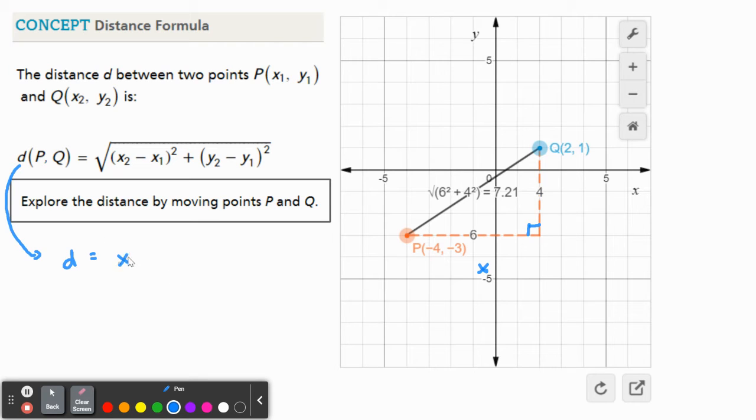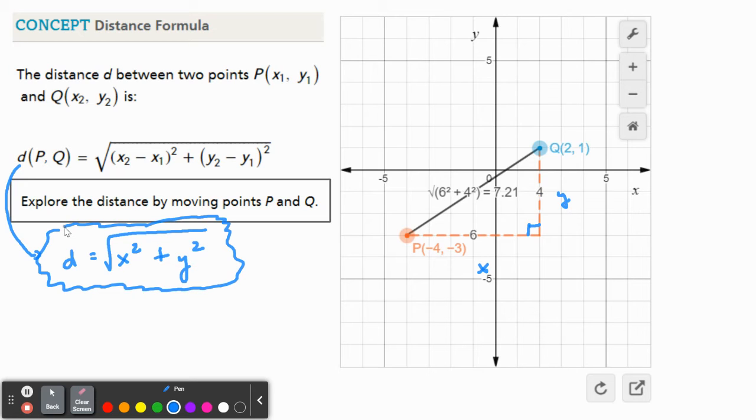Let's find the distance x and square it. And again, we're going to count that distance, so it's going to be positive. And then let's find the vertical distance here and call it y. Let's add that to x and square it, and let's take the square root of that.